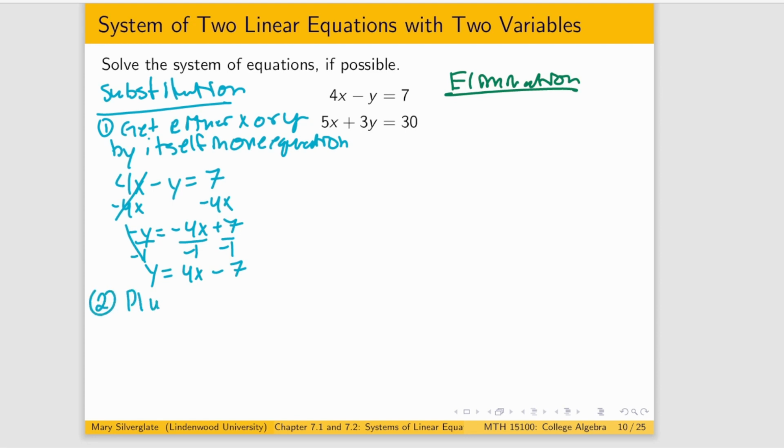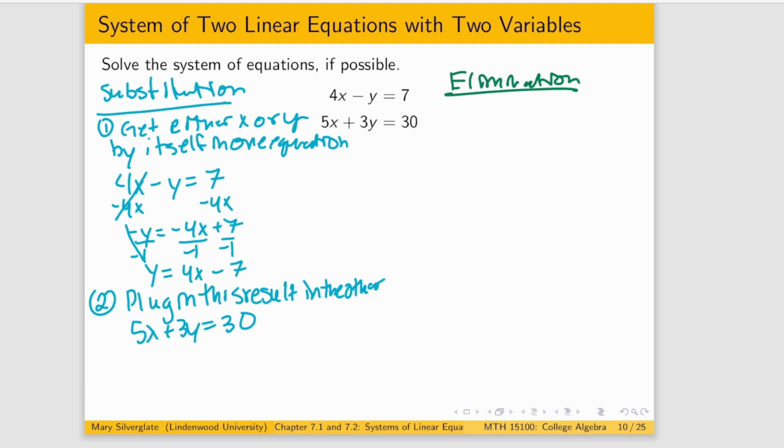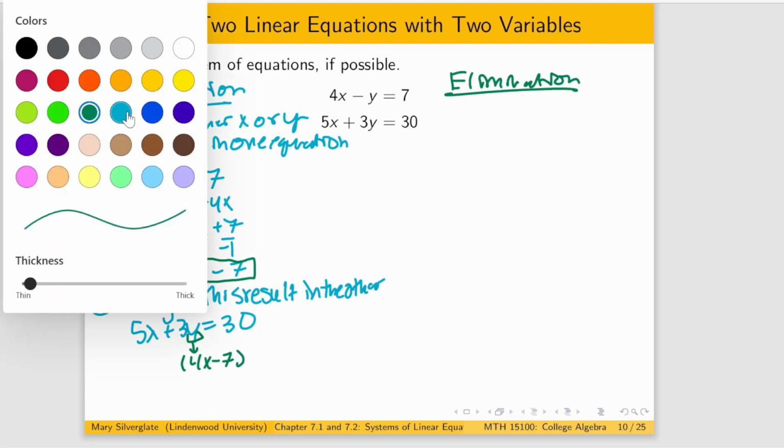Then you want to plug in this result into the other equation. So in particular, when we have 5x plus 3y is equal to 30, well, we just found out that since y is equal to 4x minus 7, I can replace y with 4x minus 7 in the other equation, and then I'm just going to keep the rest of it identical.